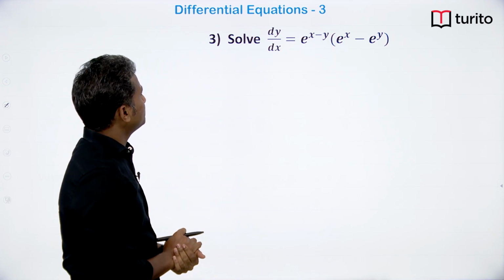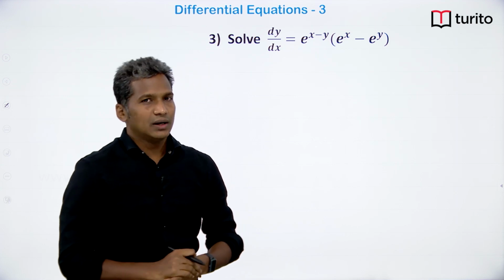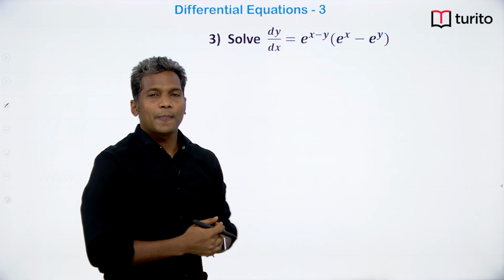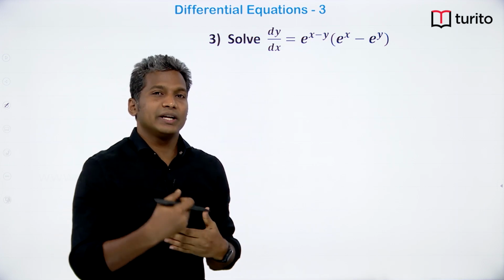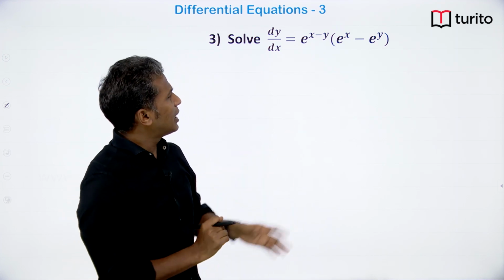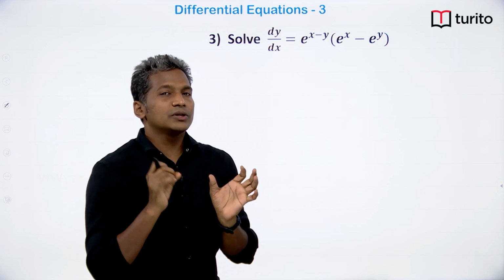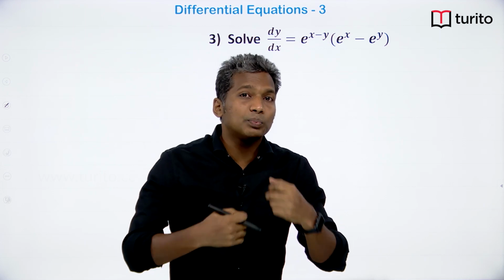Okay. So here there is one differential equation. Of course, we want to solve this. Now, if you look at this, it does not contain simple variables directly. There are exponential terms. But also if we try to separate the variables, all terms of x and all terms of y cannot be separated in terms of the product.